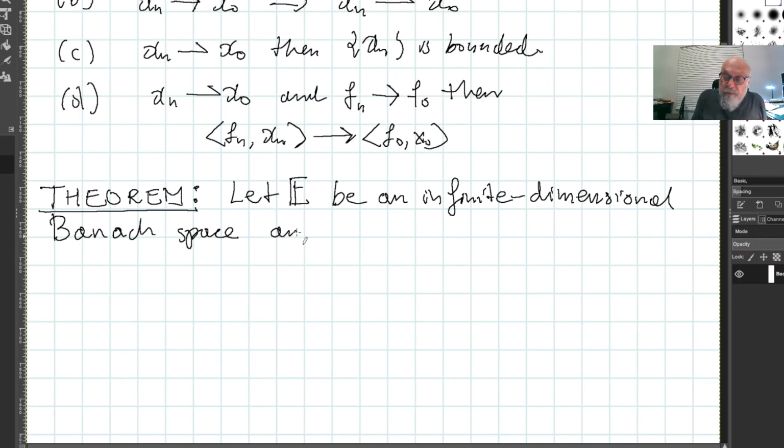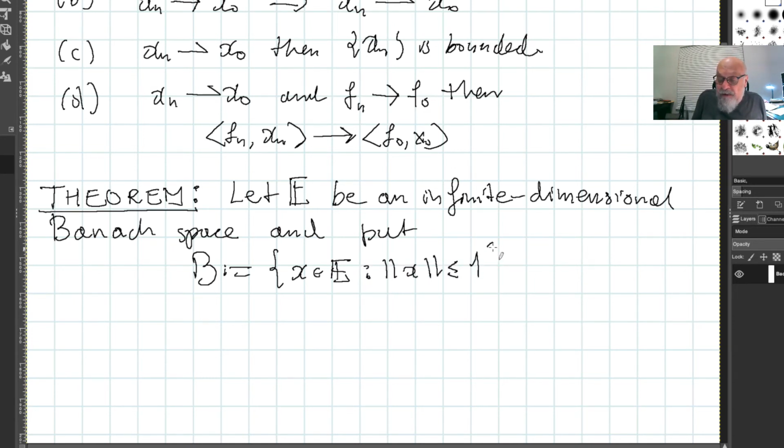Put B, the closed unit ball, the set of x belonging to E satisfying the condition that the norm of x is smaller or equal to 1, and S, the set of x belonging to E such that the norm of x is equal to 1.